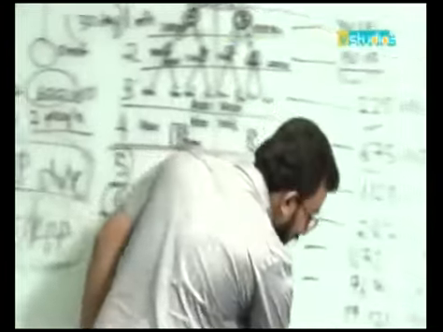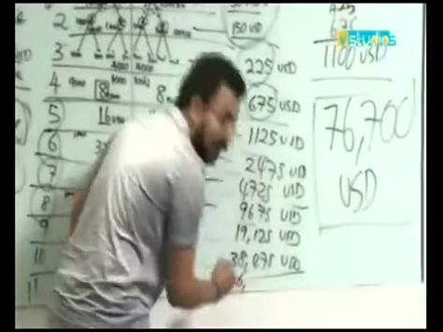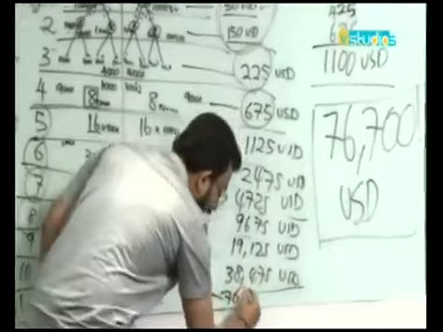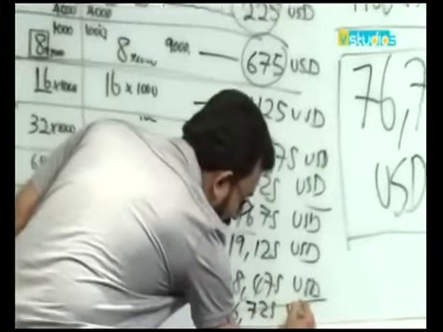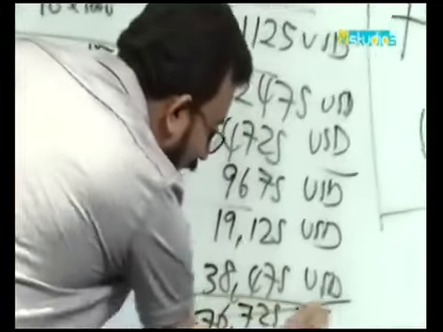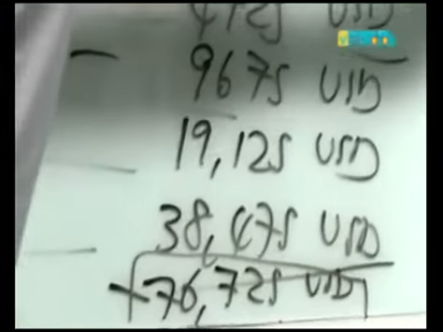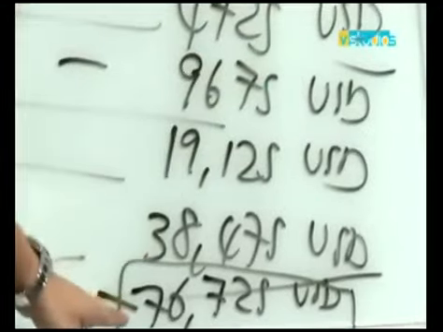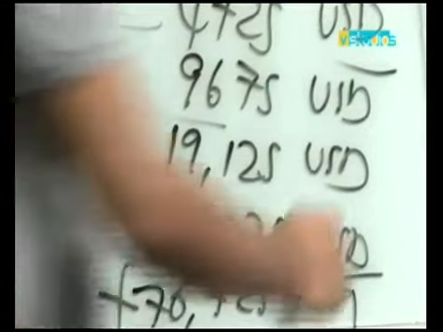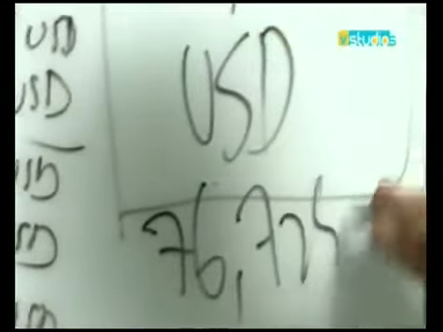You will earn an income of 76,725 US dollars in 1 month. This was your total for 10 months, 76,700. But on month number 11, your 1 month income is 76,725 US dollars.